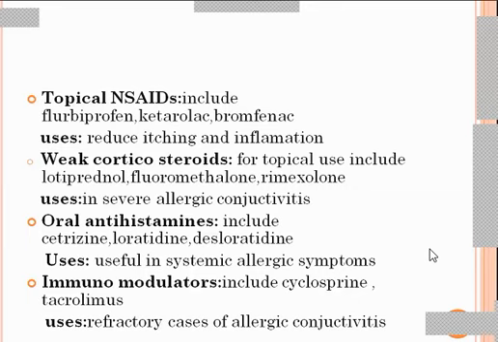In 30% of the people using these corticosteroids topically, they may get open angle glaucoma. So we should use steroids cautiously while treating allergic conjunctivitis. So we use only weak corticosteroids.